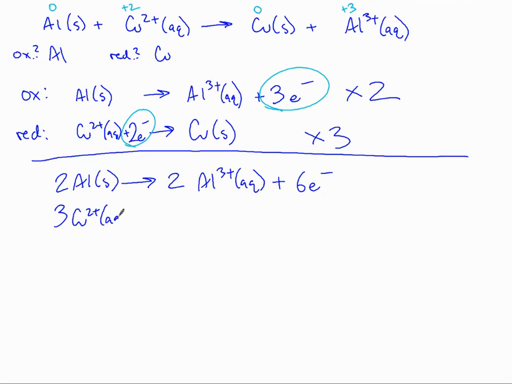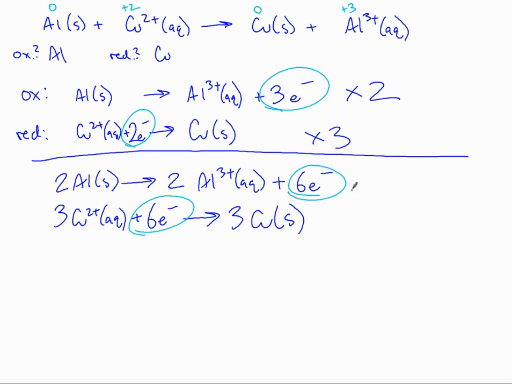Copper ions plus 6 electrons yields 3 solid coppers. And so now we're looking at it, this is still step 4. The electrons here equals electrons here. You have to have the same number of electrons in the reactants as the products.